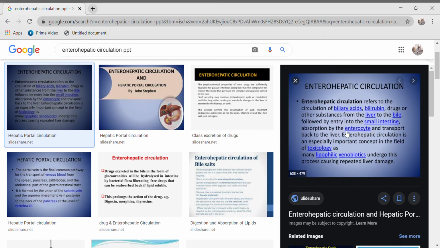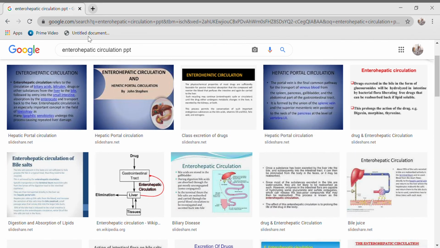Okay, and then the bile acids are recirculated back to the liver itself. This is the enterohepatic circulation. Okay, that is what you have to know. So which is secondary active transport, which is the passive diffusion process, and how they are transported. Okay, that should be noted.